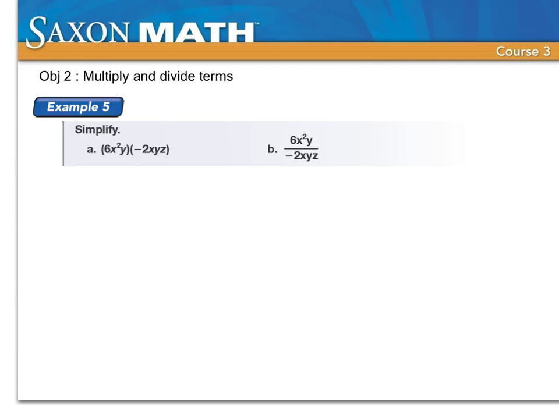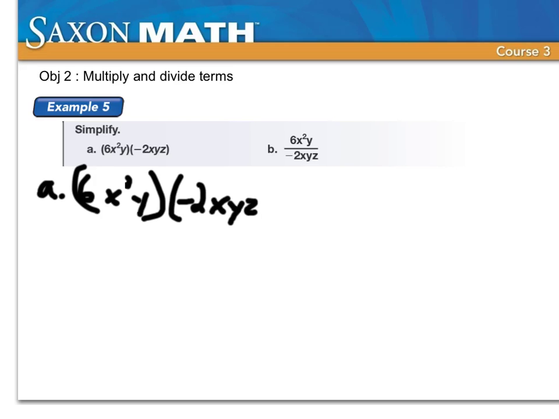Objective 2 is to multiply and divide terms. So, part A. I've got 6x squared y times negative 2xyz. Now what I'm going to do when I multiply these is I'm going to multiply things that are the same.